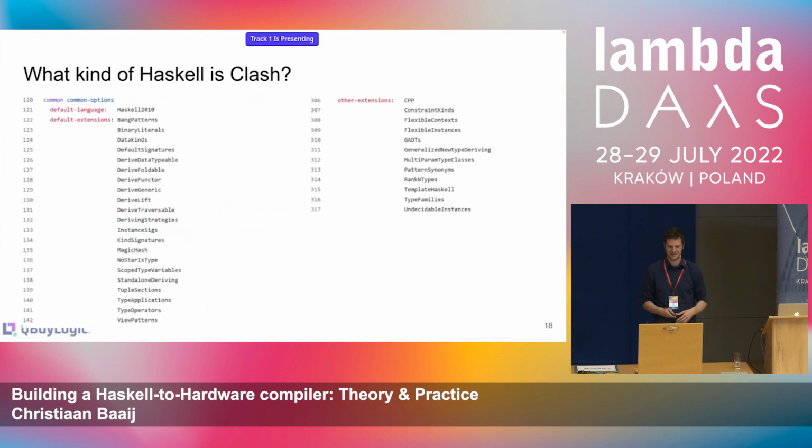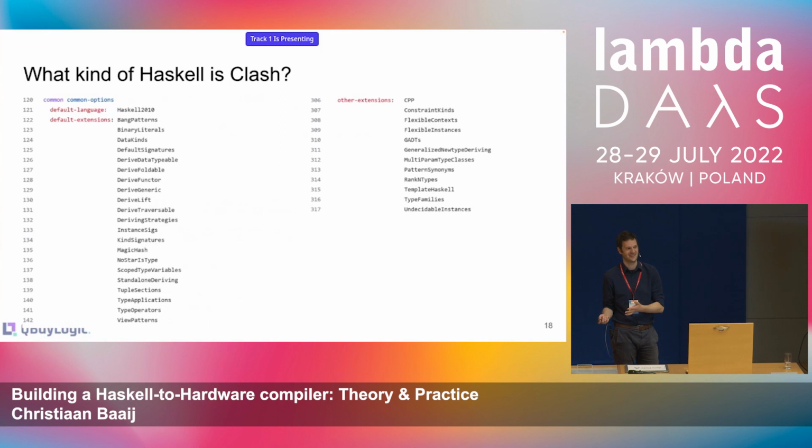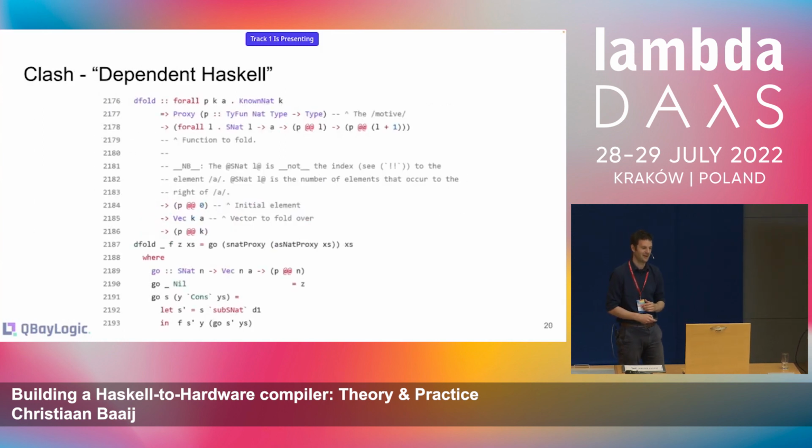So that's the reason why we can't just use regular Haskell. We need all of the extensions. I'm actually very grateful that these extensions exist, otherwise it would have been very hard for us to actually build a Haskell to hardware compiler.